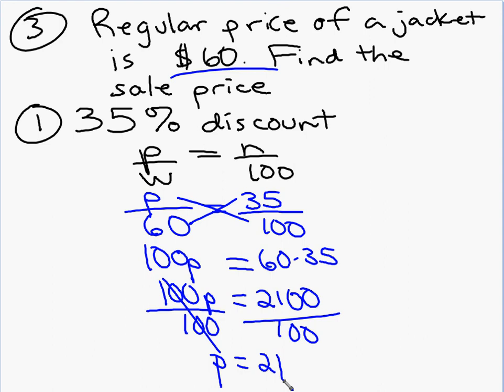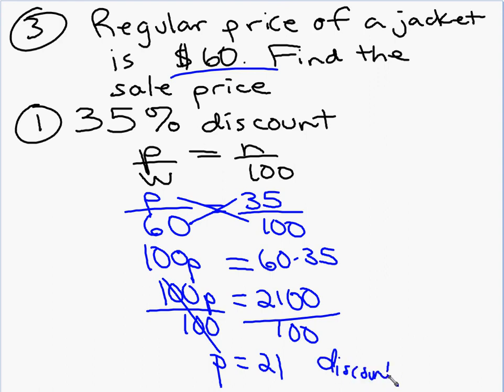Is that my answer? Nope. Boy, I wish that was the answer. I wish I could get a $60 jacket for 21 bucks. What's 21? Isn't that the discount? That's how much we're going to take off the regular price. This is the discount.